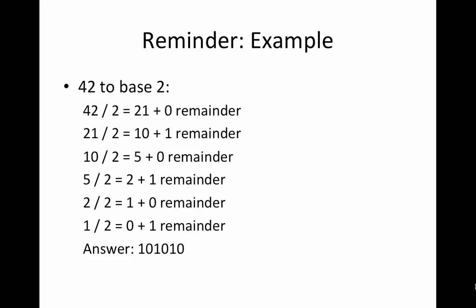We keep on dividing until the quotient is 0, and at that time we read from bottom to top all of the remainder values, and this is how we come up with the binary representation. So because the last remainder was 1, the leftmost bit will be 1, and so forth.